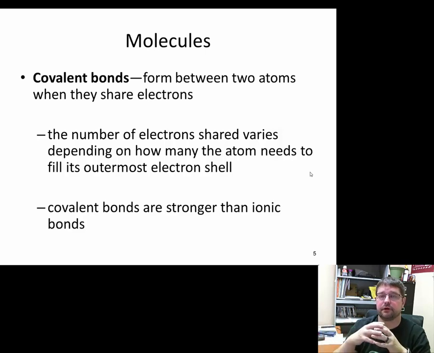Sometimes one nucleus has a stronger electronegativity, so it pulls the electron closer to that nucleus. But nonetheless, there's an electron that's being shared, and we're not just basing it on opposite charges.